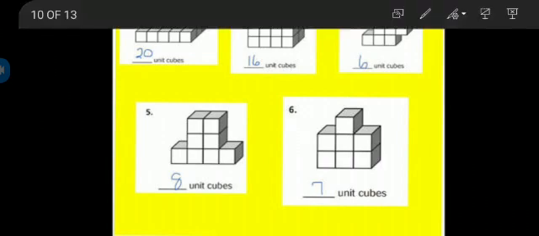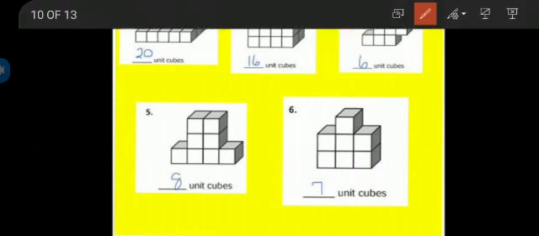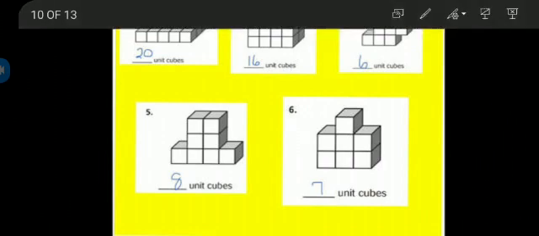Next, here you can see some figures are given. First figure, lengthwise 5 cubes are present, breadthwise 4 cubes are present, and heightwise 1 cube is present. So 5 into 4 into 1 is equal to 20 cubic units.